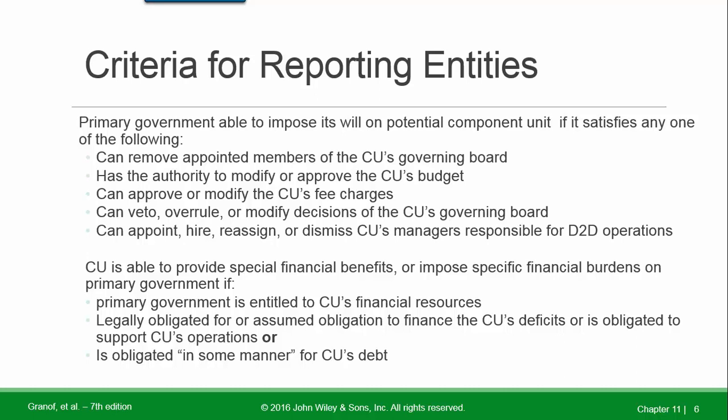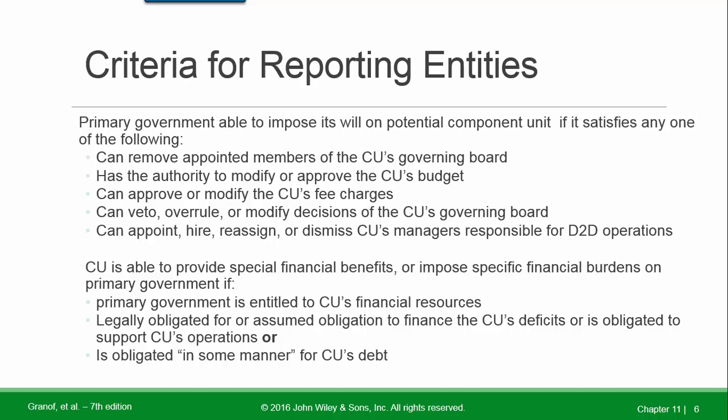The component unit is able to provide special financial benefits or impose special financial burdens on the primary government if the primary government is entitled to the component unit's financial resources, if legally obligated for or has assumed obligation to finance the component unit's deficits, or is obligated to support the component unit's operations, or is obligated in some manner for the component unit's debt.